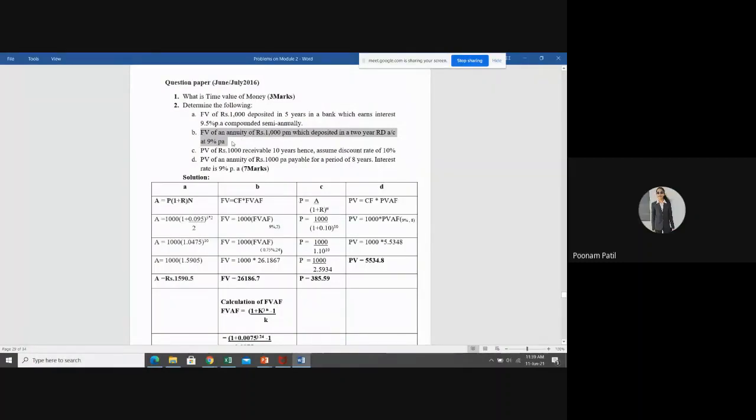Cash flow into future value annuity factor. As she rightly said, for part B, future value is equal to cash flow into future value annuity factor.